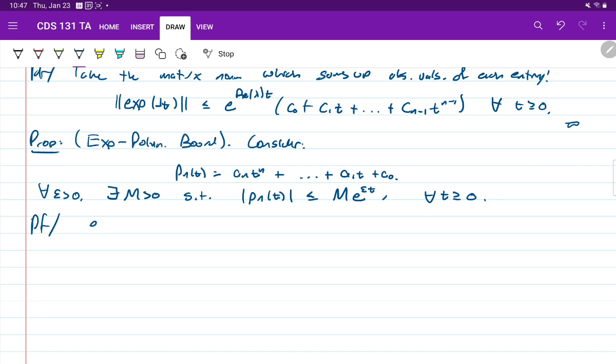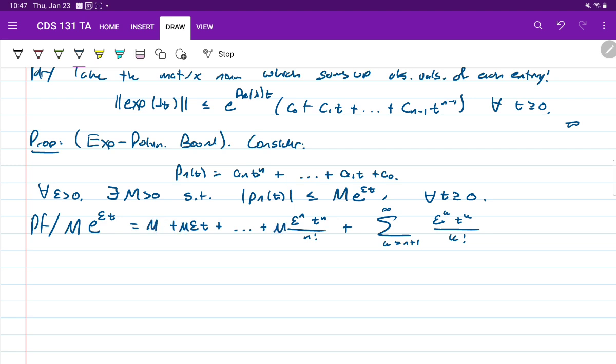If we actually compute out this exponential, e^(epsilon t), this is equal to 1 plus epsilon t plus ... plus epsilon^n t^n over n factorial, plus the rest of this infinite sum, from k equals n plus 1 up until infinity of epsilon^k t^k over k factorial. So if I multiply it by M, what I'll get is M plus M times the rest of this.